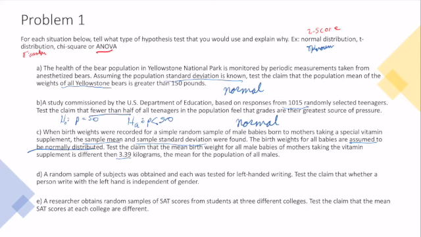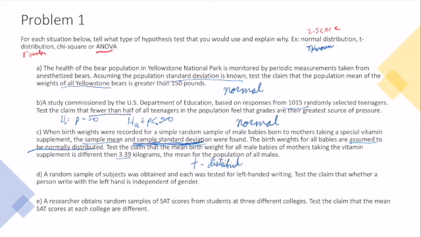So we have a sample mean, we have a population mean. What we're given that's different, though, is a sample standard deviation. Because we do not know our population standard deviation, this is when we're going to use a t-distribution, also called a student's t-test. So we're going to use a t-distribution.